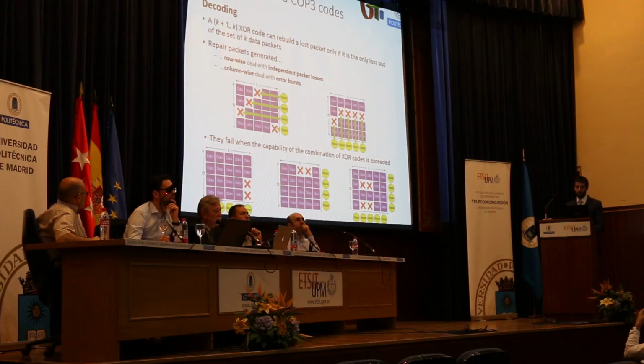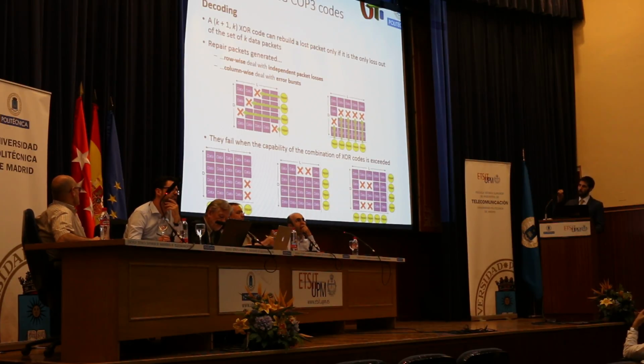Through this we can easily see that the packets that are created row-wise work very well with independent packet losses, and the column-wise generated packets with error bursts. And of course, these COP3 codes will fail when these situations don't hold.